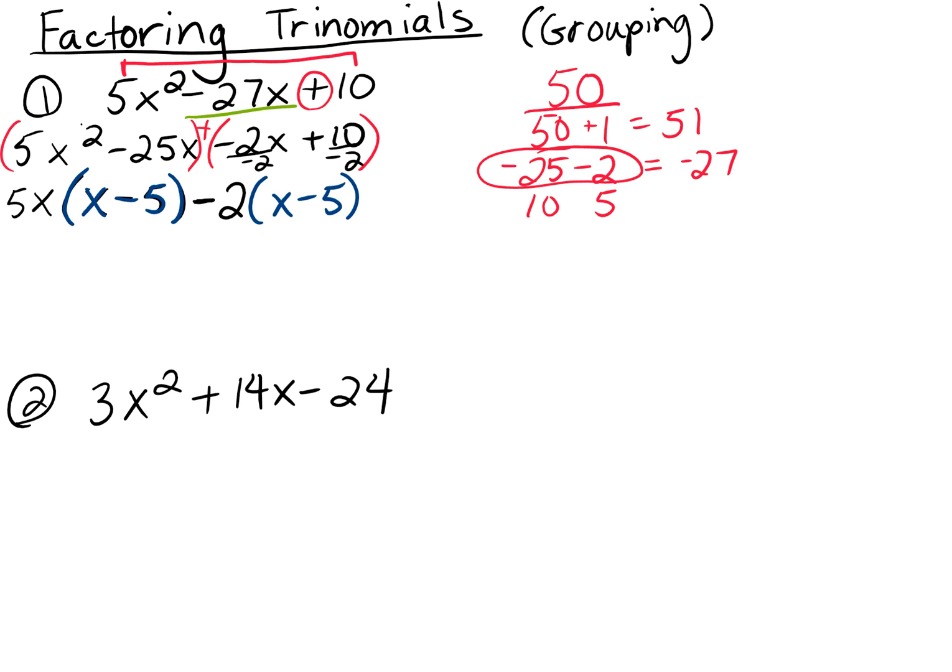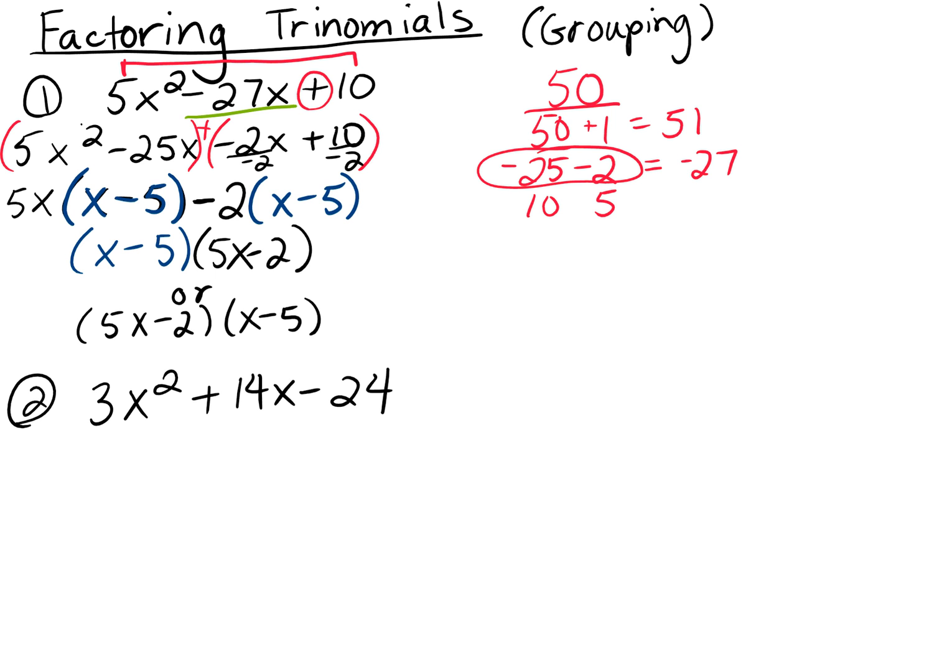Now, a lot of people will just write the numbers in front as your first parentheses and the other one as the second. When I actually do grouping, I put that x minus 5 first. It does not matter to me as long as you recognize that those are giving you your two parentheses. So you could have it that order, or you could have 5x minus 2 times x minus 5, whatever makes more sense to you, but this is a method to get you those two parentheses using GCF.